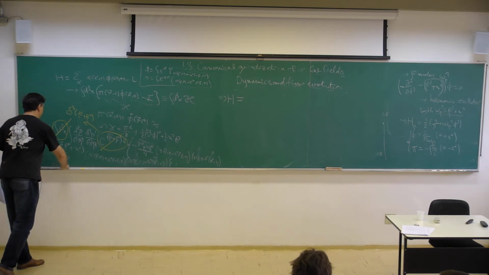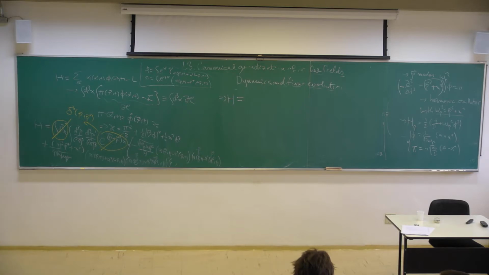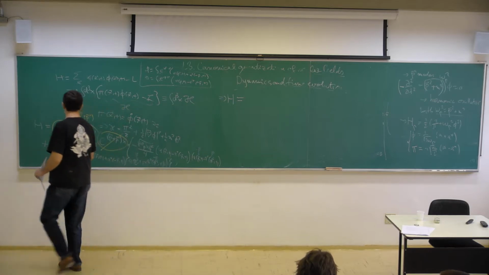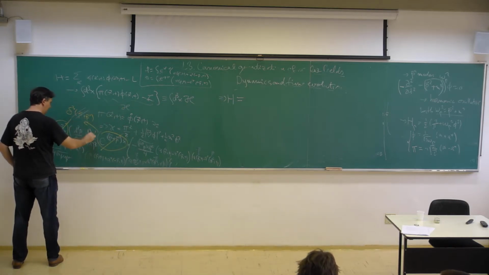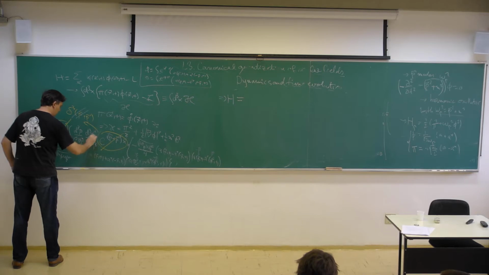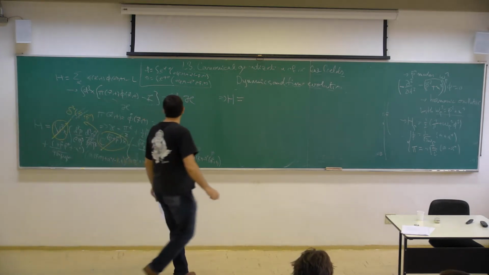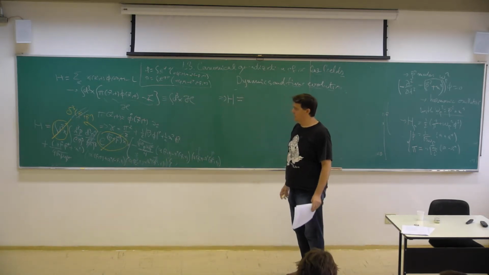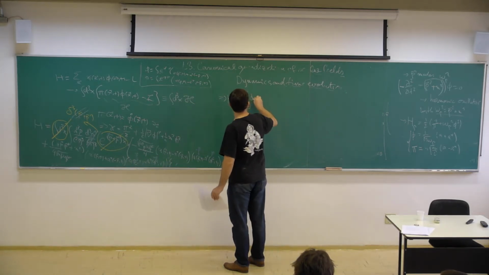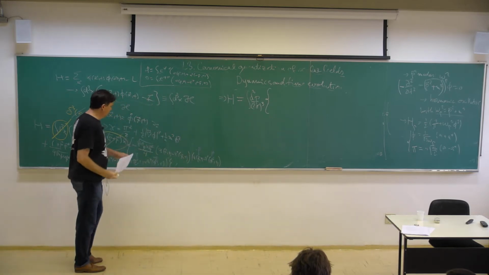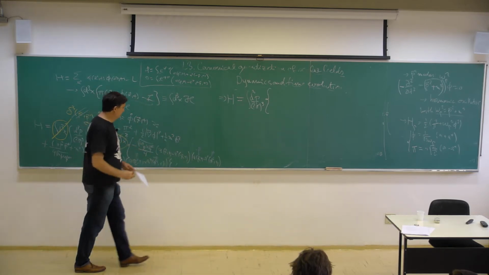Okay. All right. Yeah, and then I cancel this with this. Okay. So now H remains just one integral over p. And what is here? Well, minus omega p over 4.